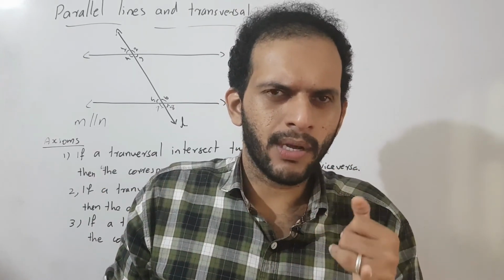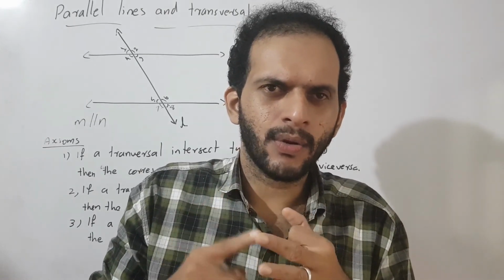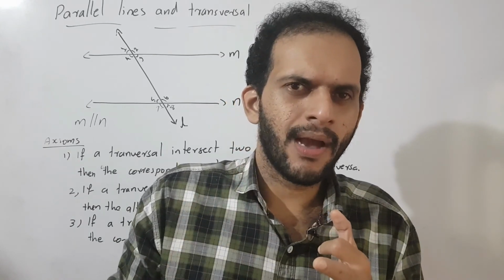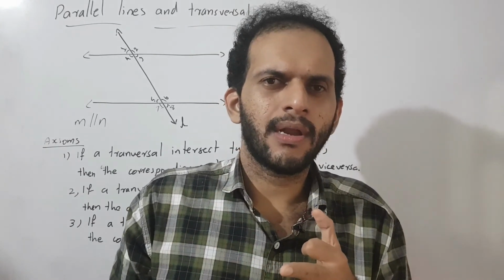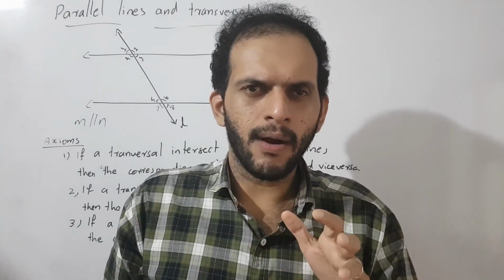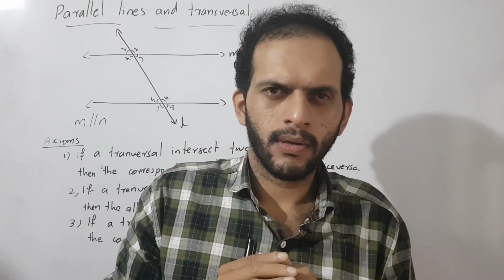What are they? Corresponding angles, alternate interior angles, and co-interior angles. Alternate and corresponding angles are equal, co-interior angles are supplementary. Okay, I think you got the idea, both reverse also. Okay.